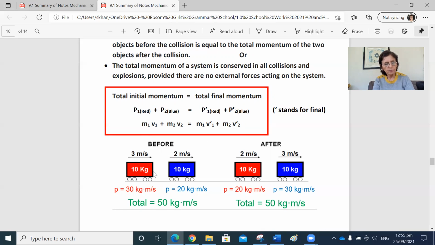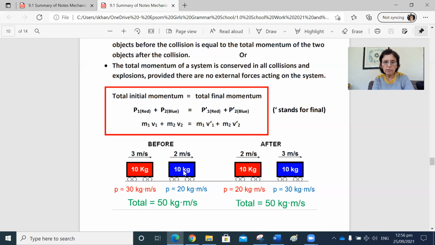Let's see what happens. Individually, we can see the momentum of the red cart has decreased and the momentum of the blue cart has increased. Momentum only changes when there is a force acting on an object. So when the collision happens, the red cart applies a force on the blue cart.